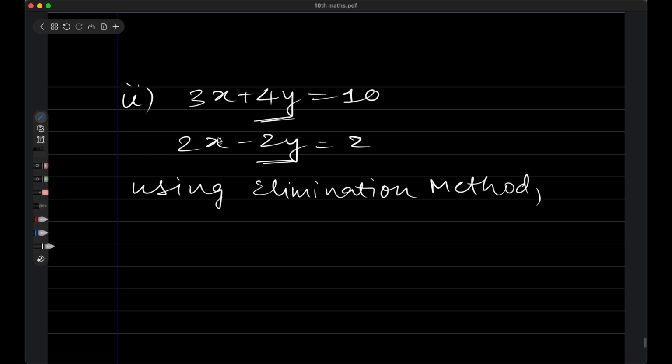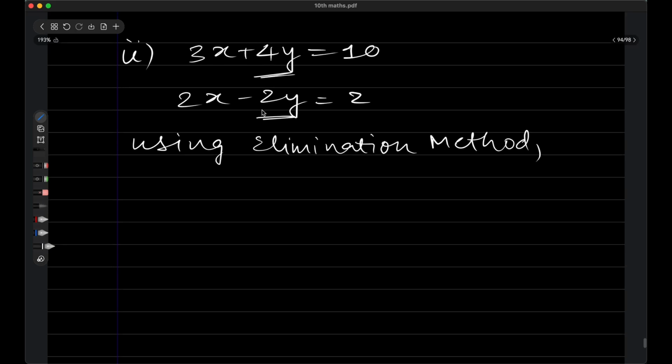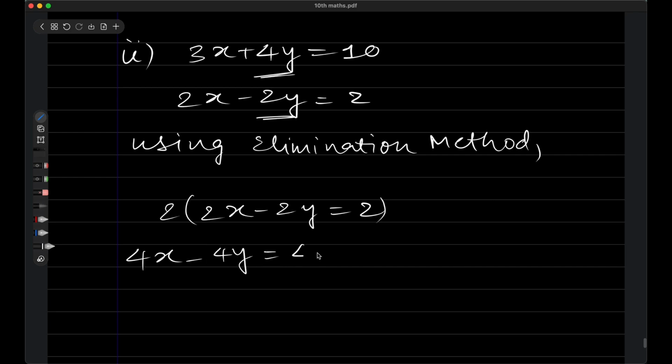We will multiply the second equation by 2 to get the same coefficient, that is 4, in both equations. We have 2 into 2x minus 2y equals 2. We will get 4x minus 4y equals 4.